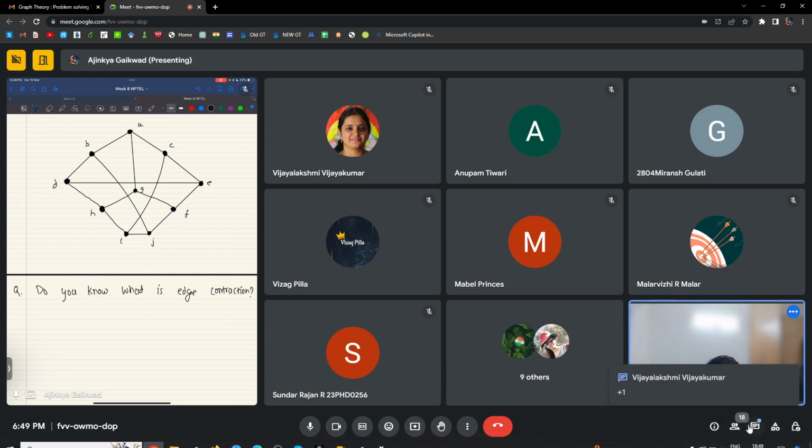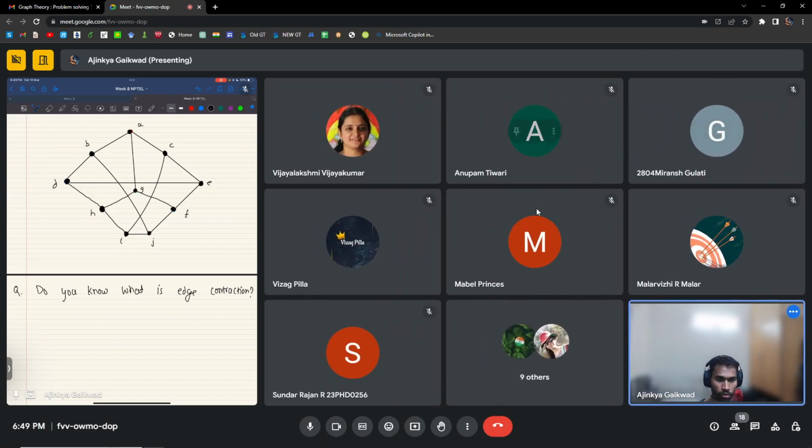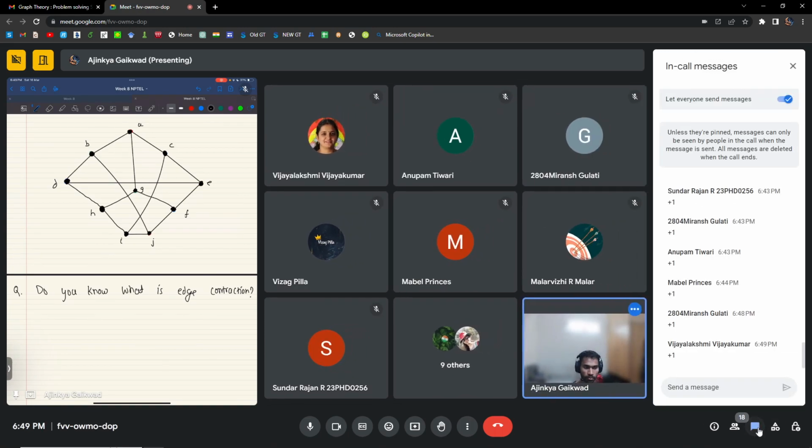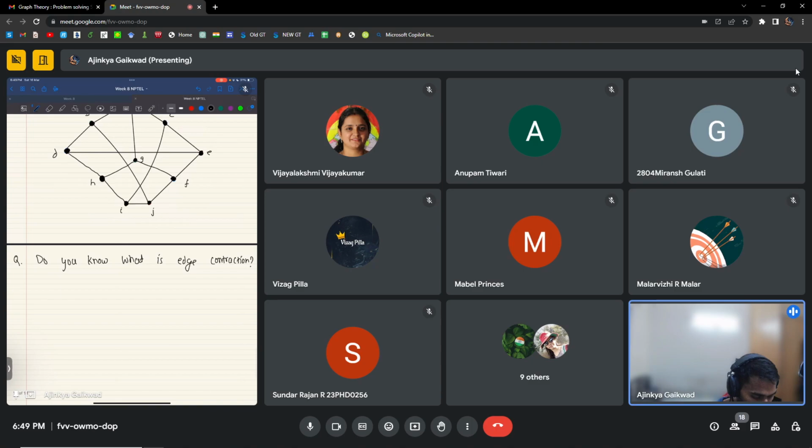Okay. So two of you know what is edge contraction. What about the rest of you? Okay, so some of you do not, so let me just quickly say this. This will save us time. Anyways, so what is edge contraction?